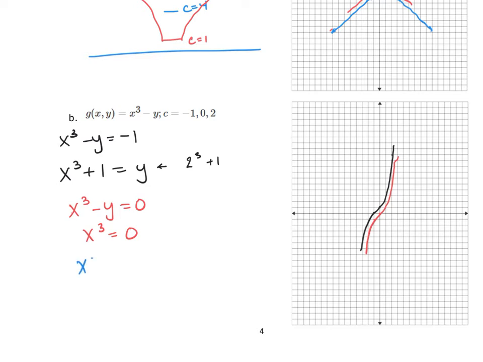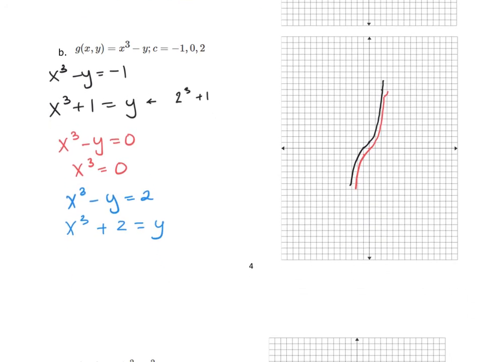And then I'm going to do my next one in blue. I have x cubed minus y is equal to 2. And so I have x cubed minus 2 is equal to y. So I'd put in the ordered pair, oh, that should be -2.